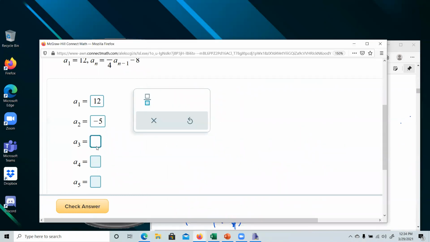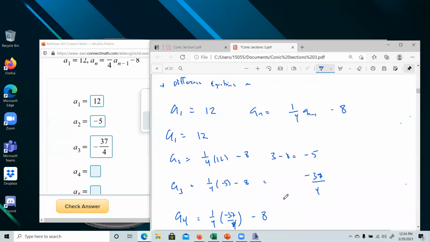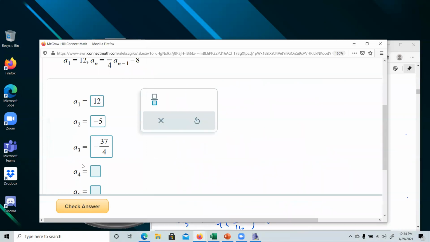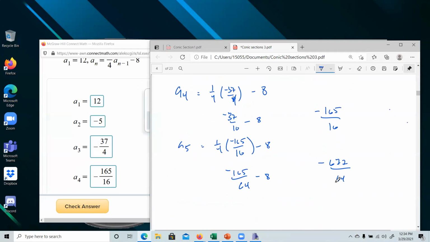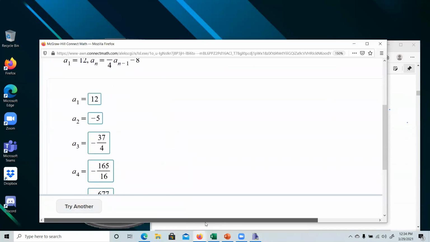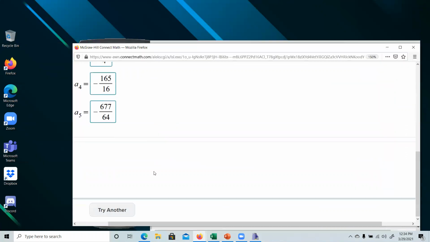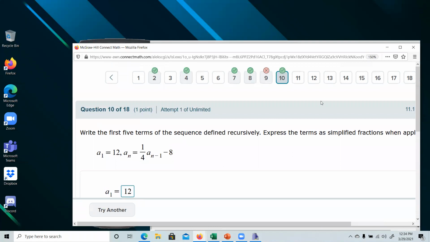Then negative 165/16, and negative 677/64. Crossing my fingers that I did my arithmetic correctly. All right, that one looks better. Okay, we're good. So those are recursive sequences.